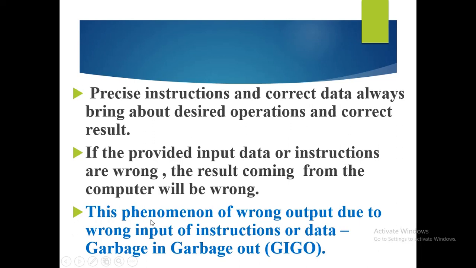It is also called GIGO. So what is meant by GIGO? The phenomenon of wrong output due to wrong input of instructions or data given by the user is called garbage in, garbage out.